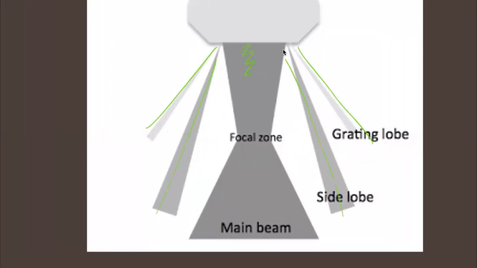Remember, the beam's main axis is the beam itself, the center of the beam. Books often refer to them as squirts of ultrasound. They're little random squirts of ultrasound going off in some random direction away from the beam's main axis.